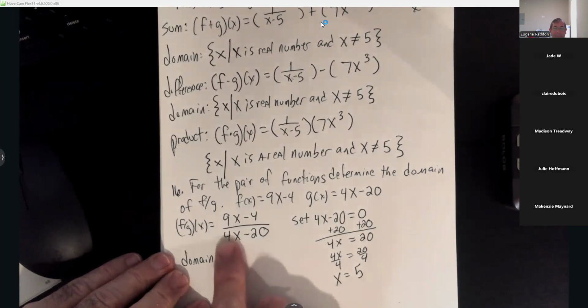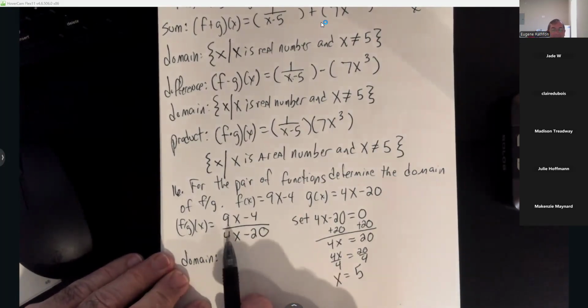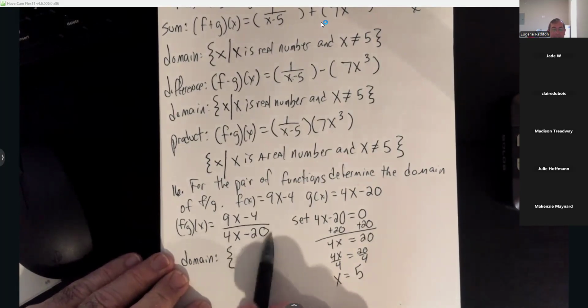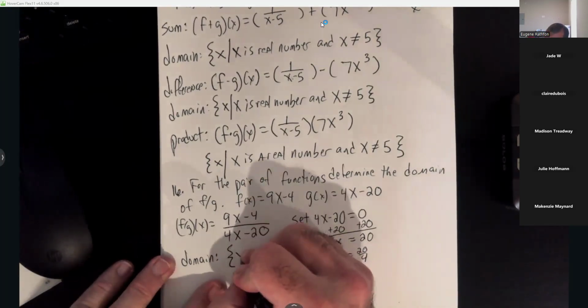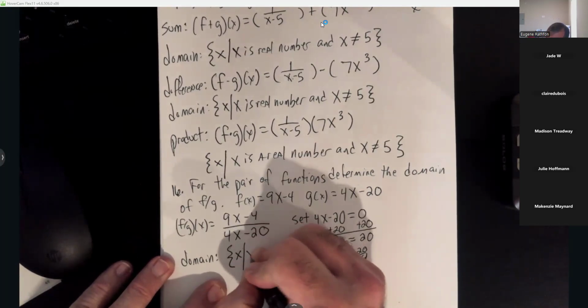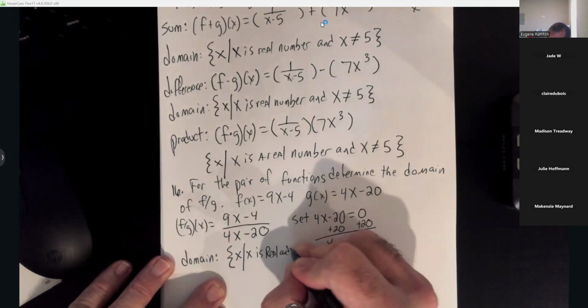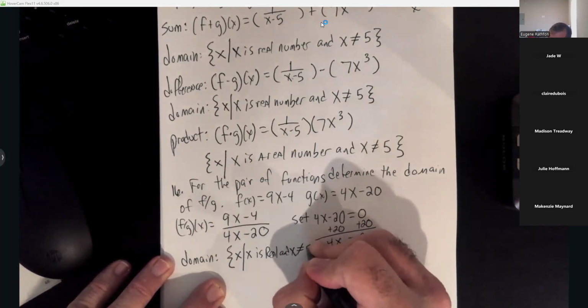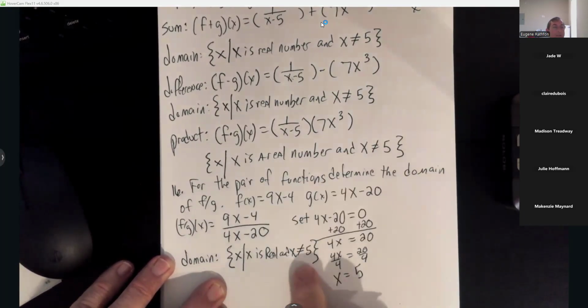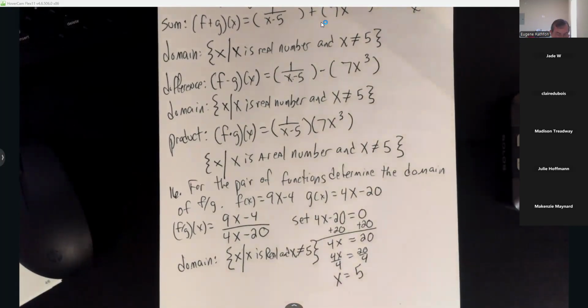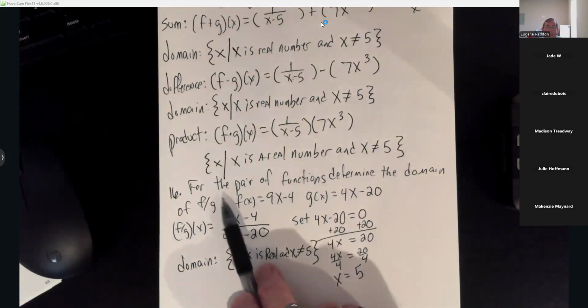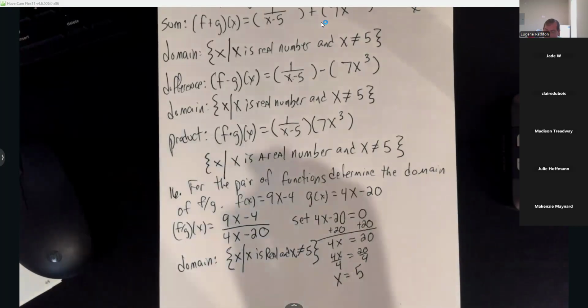So it looks like we're kicking a 5 out of this domain, because 4 times 5 is 20, and 20 minus 20 gives me a 0. So your domain will be x such that x is a real number and x cannot equal a positive 5. Okay, so on the division, you're definitely going to kick out something on that one, okay?